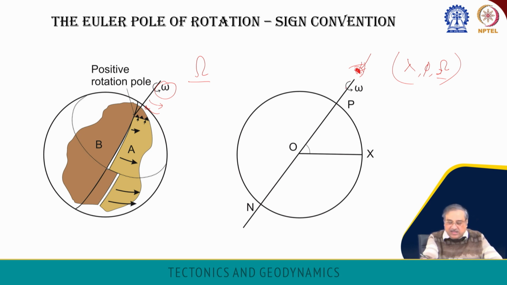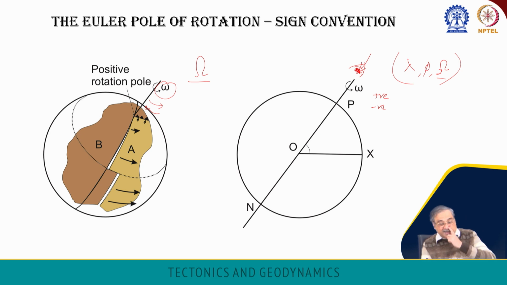If I see that the motion is anti-clockwise when viewed from outside the Earth, we call that positive. Obviously, it means that if it is clockwise when viewed from outside the Earth, that is negative.